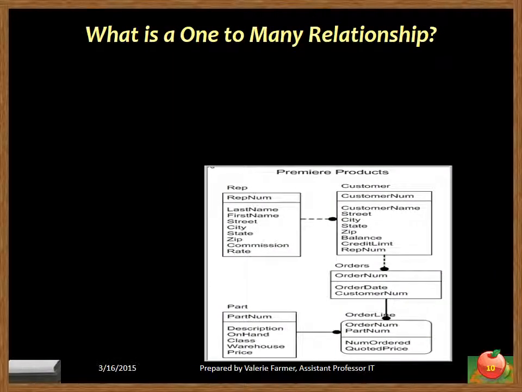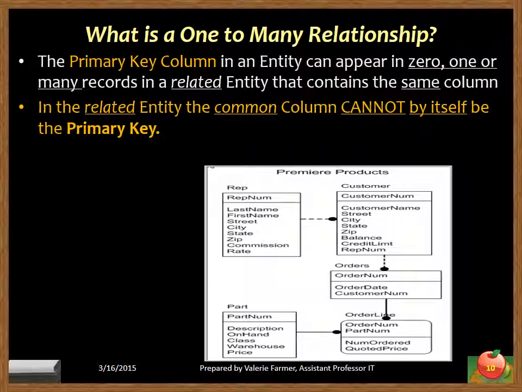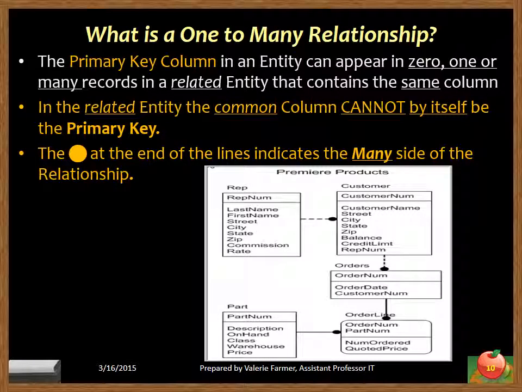What is a one-to-many relationship? The primary key column in an entity can appear in 0, 1, or many records in a related entity that contains the same column.